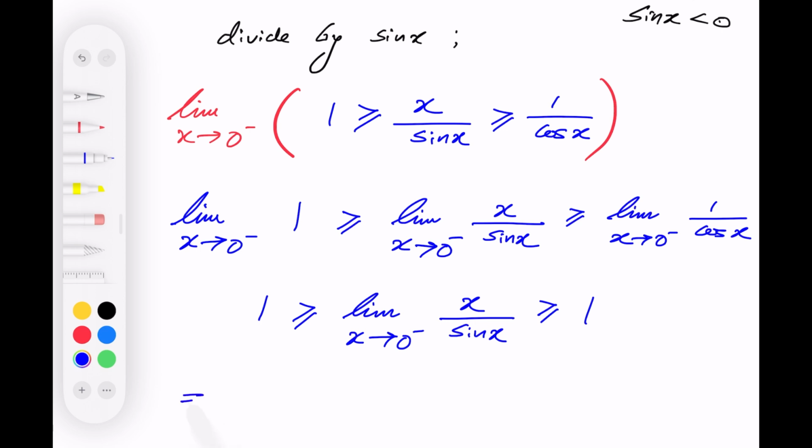Therefore, from this relationship, we can see that this middle term is greater than or equal to 1, and also it is less than or equal to 1. That means we conclude that as limit x approaches to 0 from the left hand side, x over sine x should also be equal to 1.